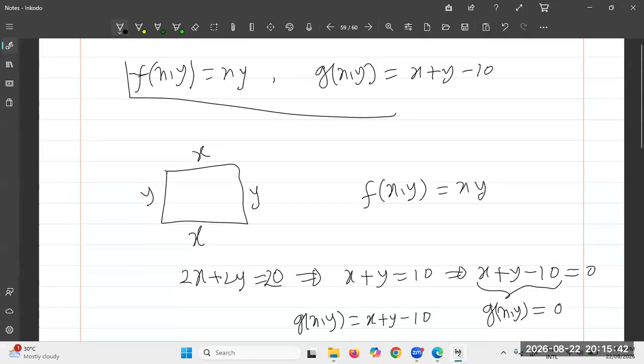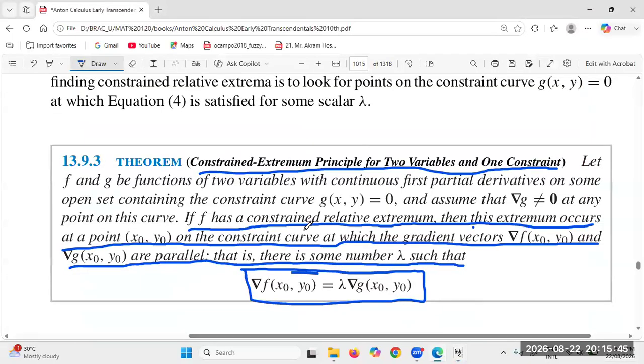According to the theorem, we are not explaining the Lagrange multiplier method here, because of your class topic. Basically we are interested to calculate the maximum or minimum value, that is the application of Lagrange multiplier. So that's why I am not explaining the method. I am just interested to calculate more mathematics using the Lagrange multiplier.